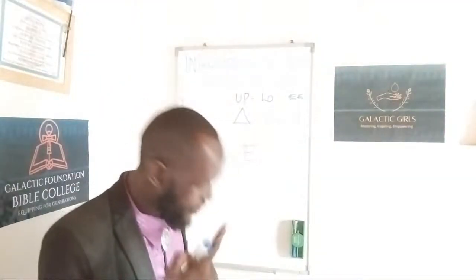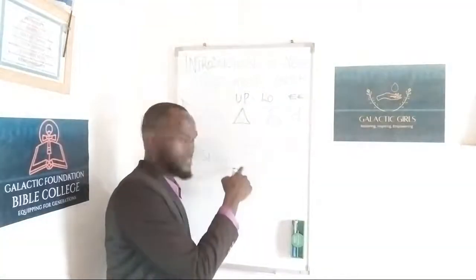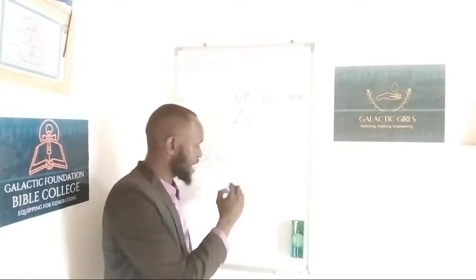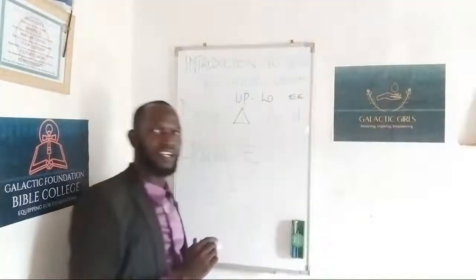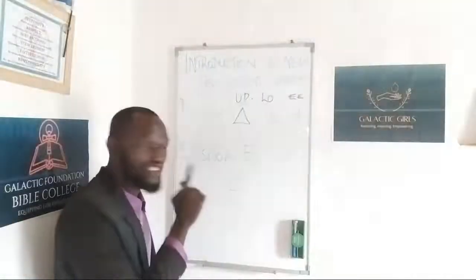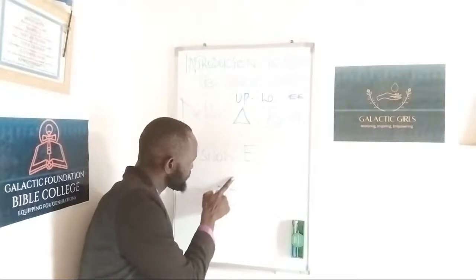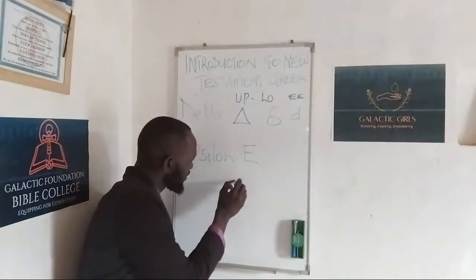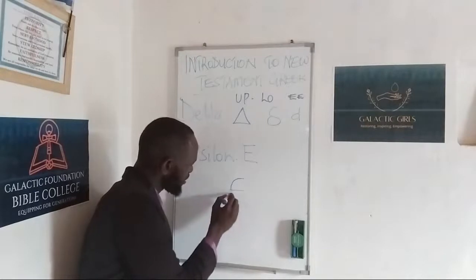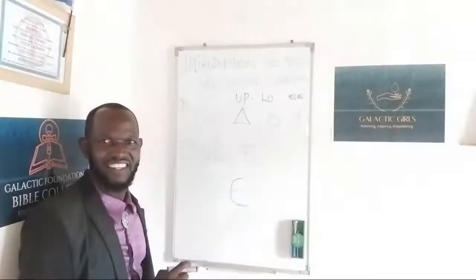Right. But then the lowercase, think of something like the uppercase. All right. Now, when you're writing the lowercase, think of something like this, but then you remove the sharp corners and give it a curve. You got it?